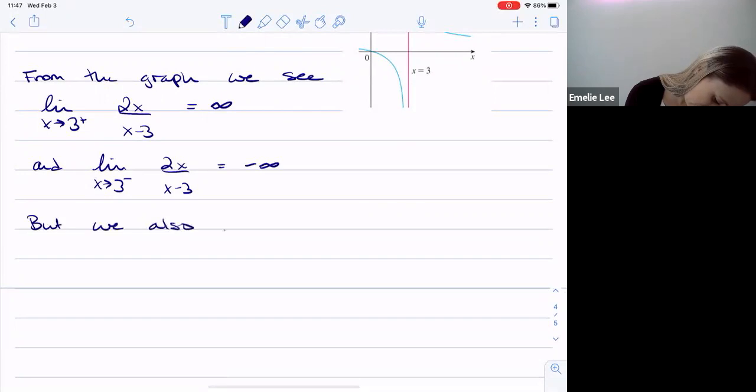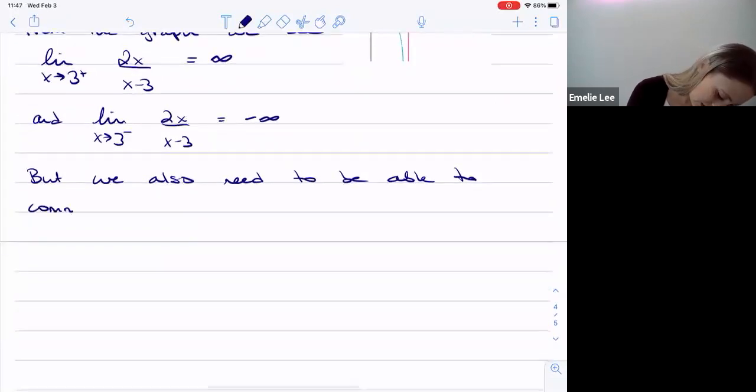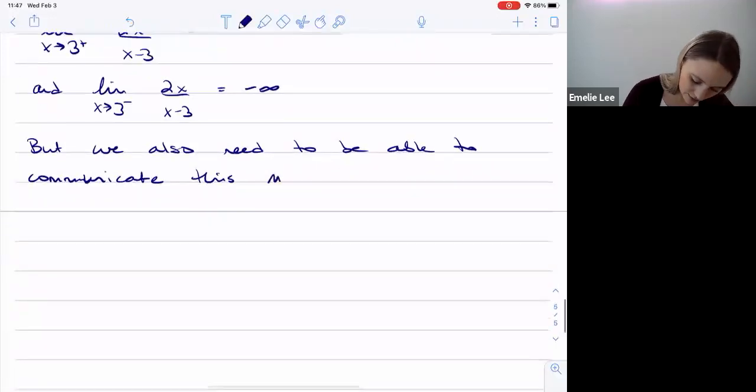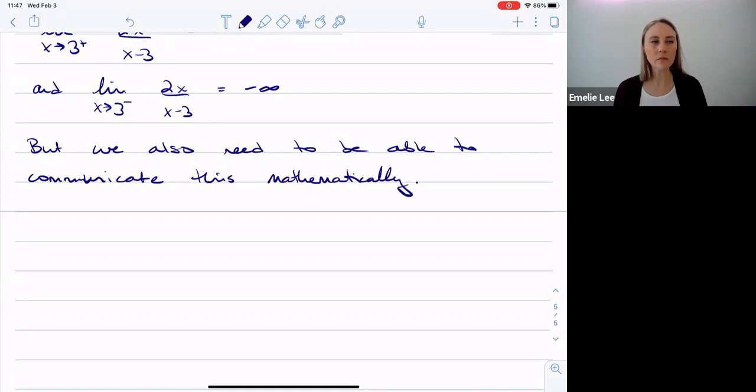But we also need to be able to communicate this mathematically. So what we're going to do is think about x equals 3, and put in values close to 3.